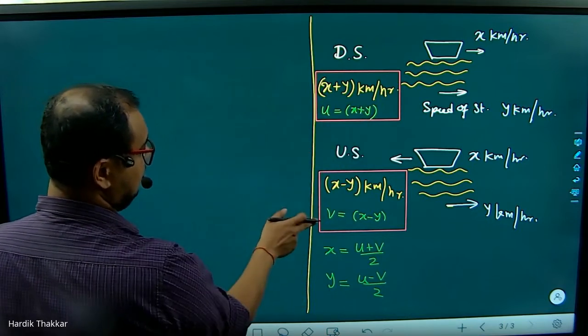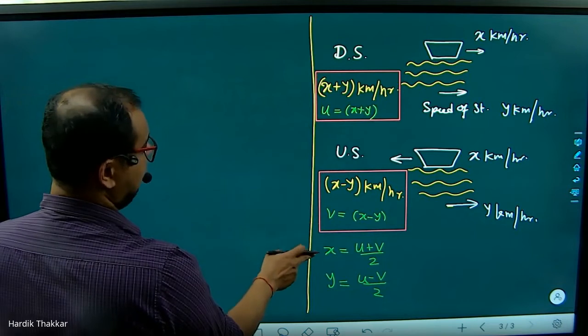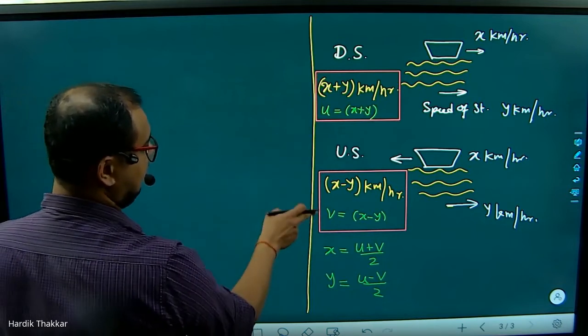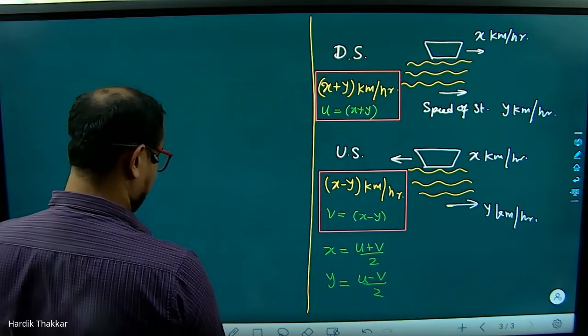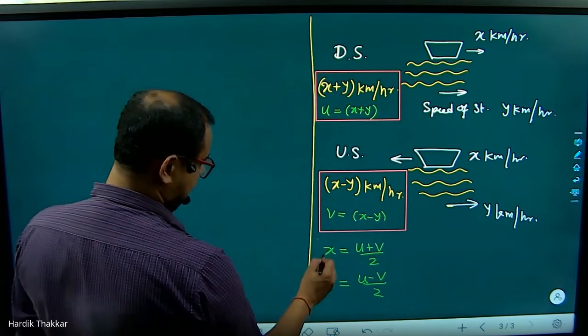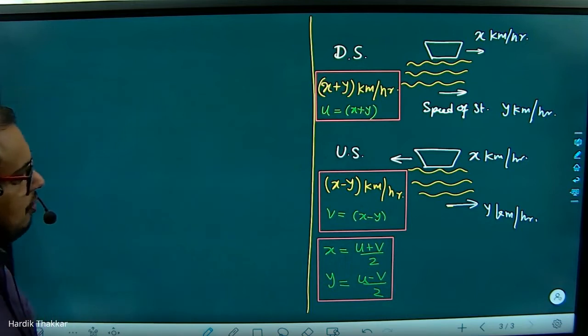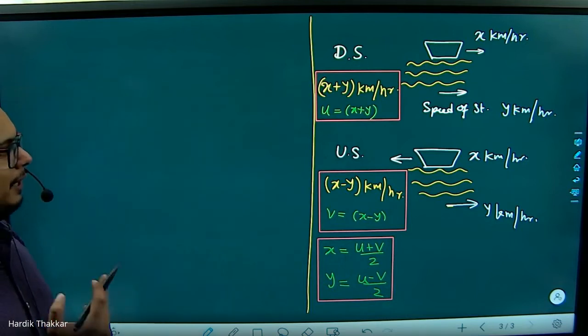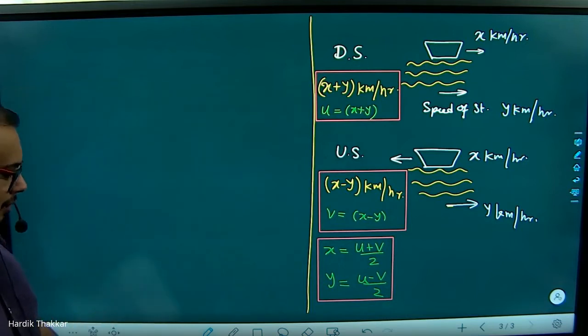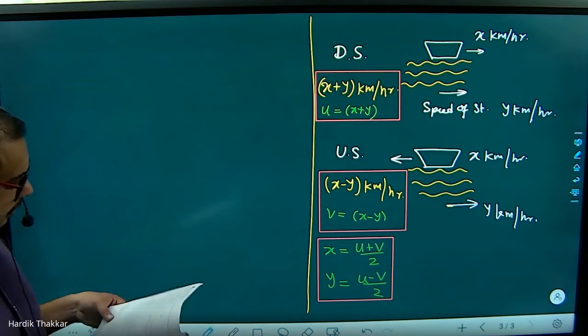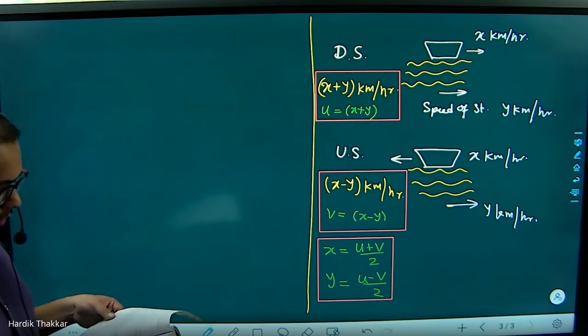By adding the two equations you will get the value of x, and by subtracting them you will get the value of y. So these can be used directly for problems in which the total speed in downstream and upstream is given. Just note down these points.